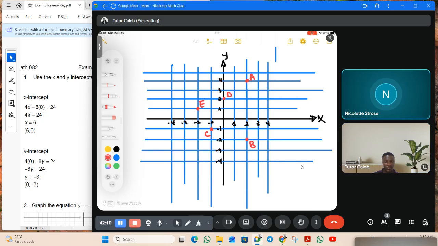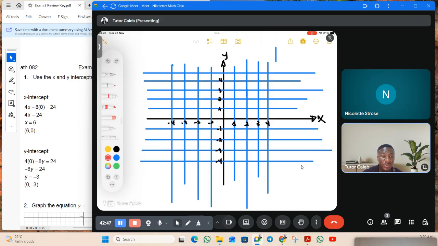And for D, it is 0 and 2. Correct? For E, it is negative 2 and 1. Correct. Excellent. Now, I'll take off these points because I need to use this graph again.